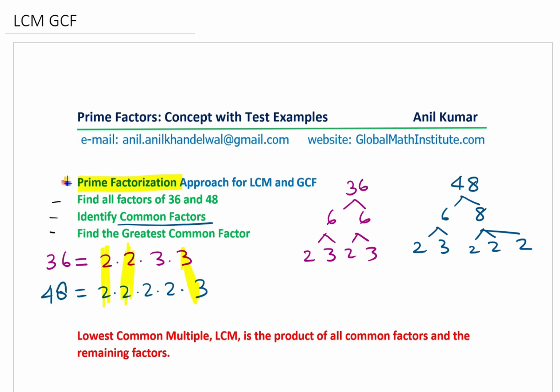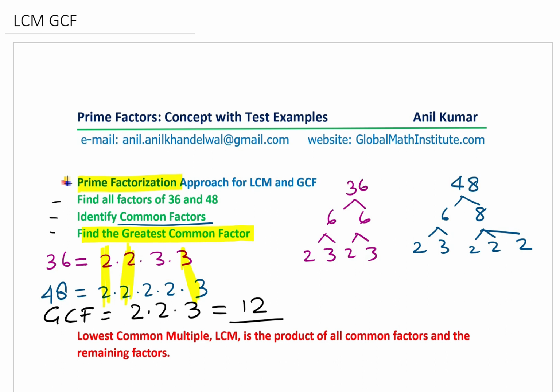Now it says find the greatest common factor. How do you find the greatest common factor? Well, clearly the greatest common factor is the product of these. So 2 times 2 times 3, which is 12. So 12 becomes the greatest common factor of 36 and 48. Do you see how easy it is? With prime factorization, we do not have to list all the factors. Correct?